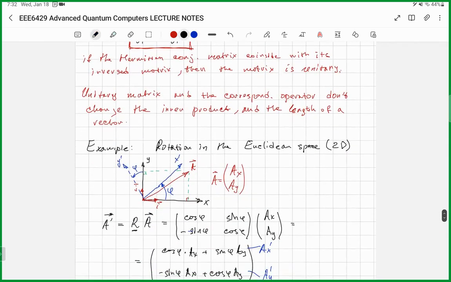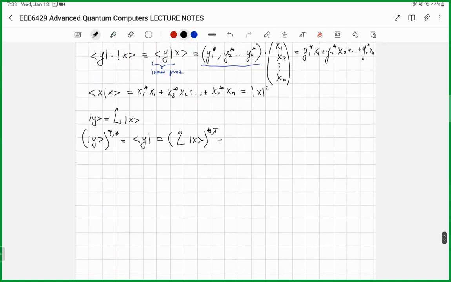So using this rule, you can apply the transposition here and write x transposed times L operator transposed, and then complex conjugate.